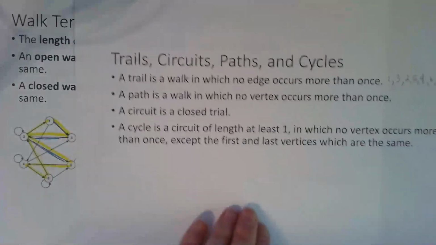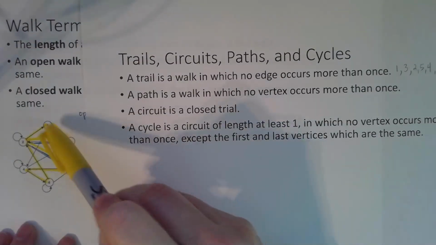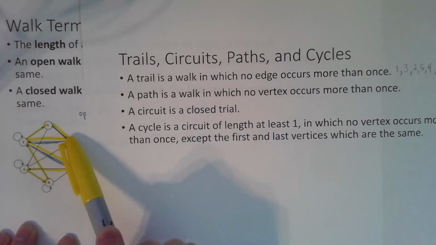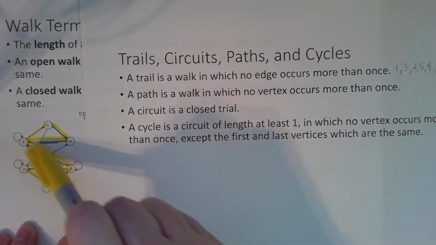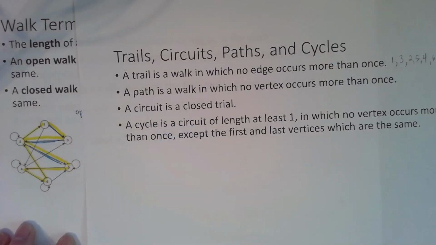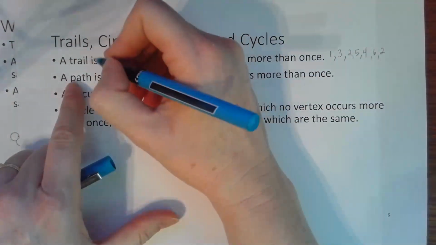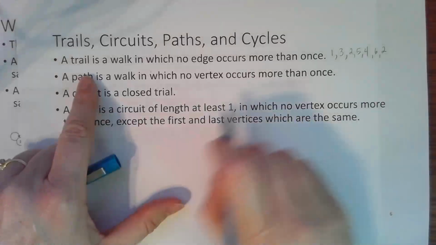Okay, so looking at that one, we went 1 to 3 to 2 to 5 to 4 to 6 to 2. So we never repeated any edges. They're all distinct edges. So once again, this is a trail, where we have no repeated edges.